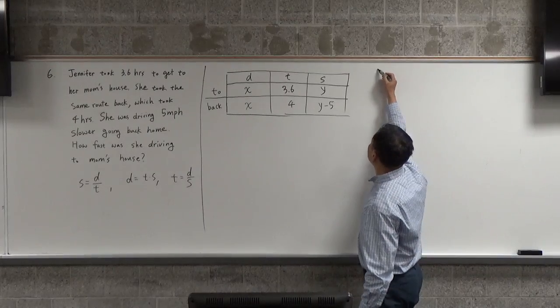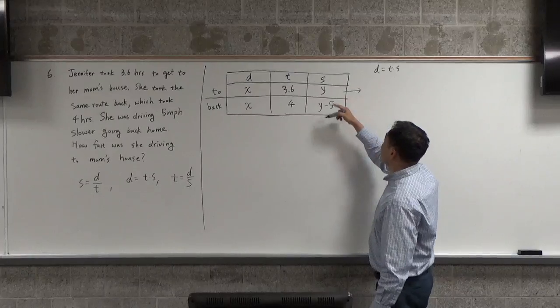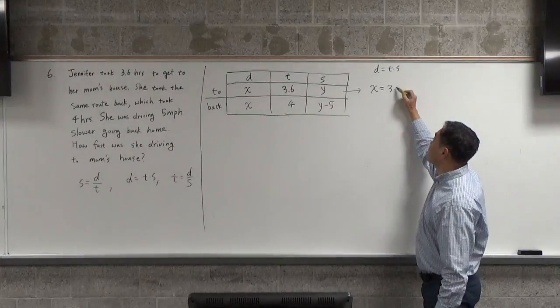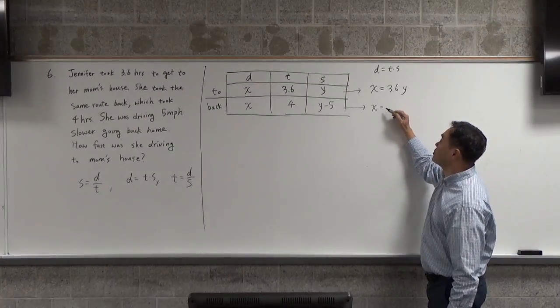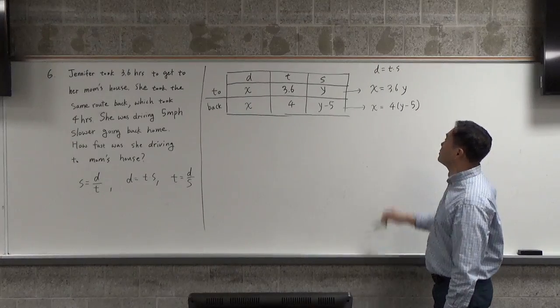Okay, let's apply this: distance equals time times speed. So this is going to be x equals 3.6y. And this is going to be x equals 4 times y minus 5.